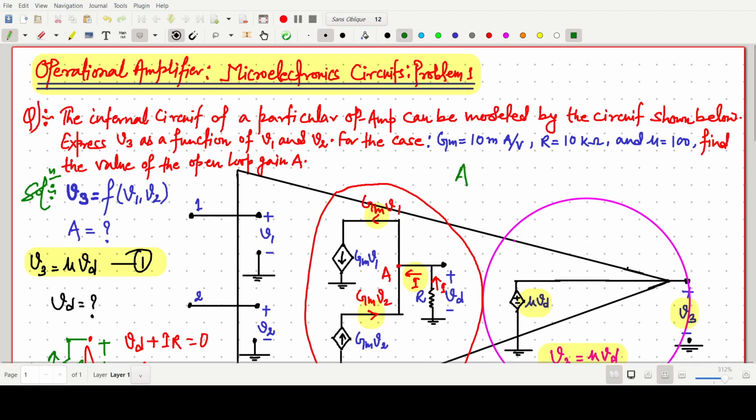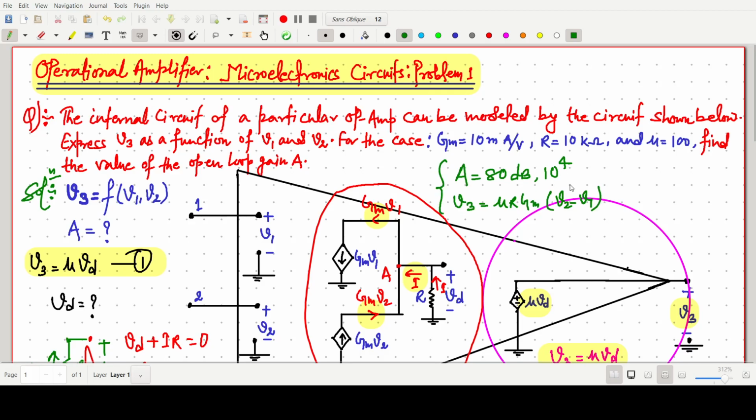A value in dB will be 80 dB, or this is 10 to the power 4 in unitless quantity, and the value of V3 is mu R GM (V2 minus V1).